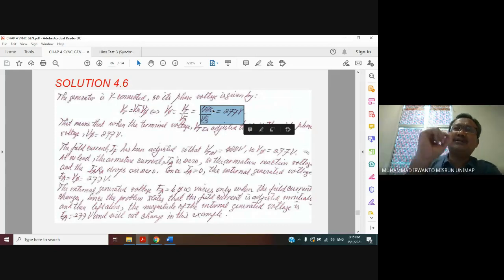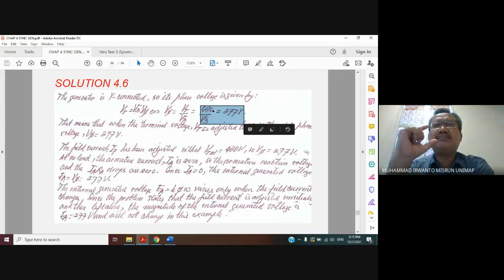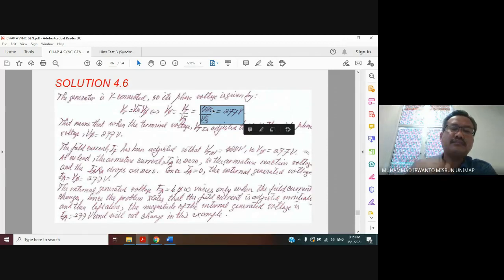And then remember, the phase voltage is always the reference, meaning the reference point's angle is 0 degrees. You have to remember that when you want to sketch the phasor diagram.